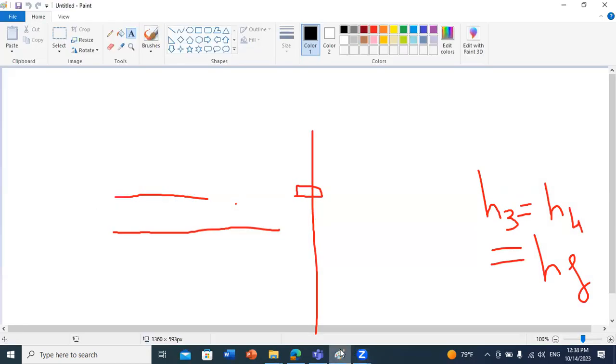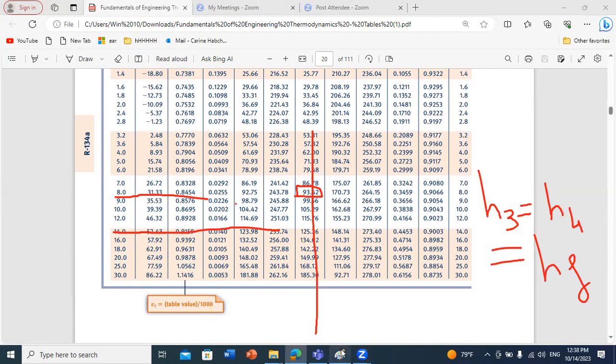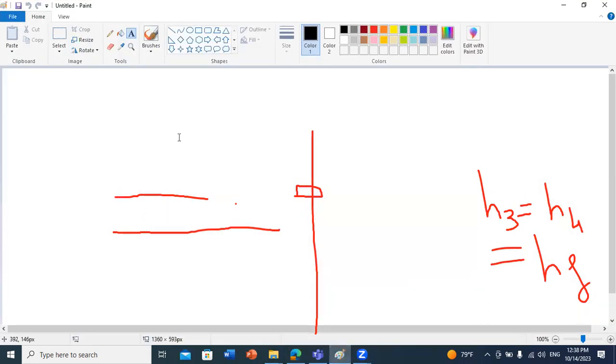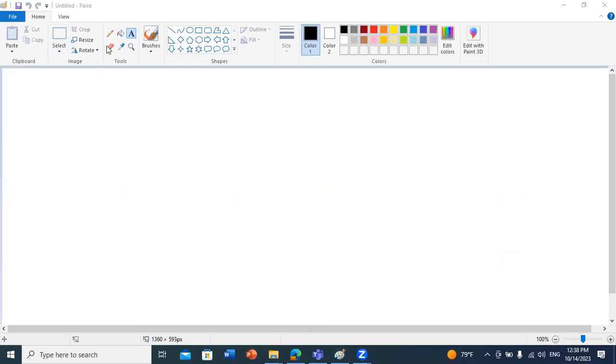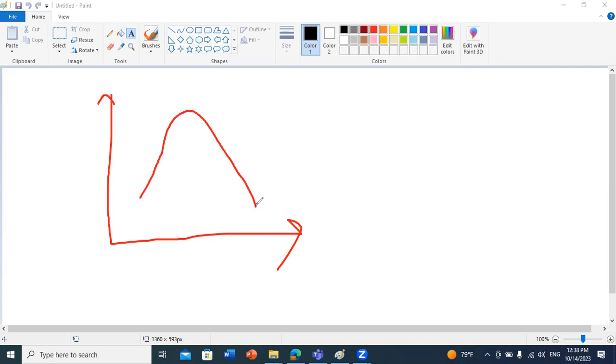Okay, so now let me just repeat the drawing in a fast way. So now we have all of our points. This is our dome. Our first point was in the superheated region for the low pressure level, then the high pressure level.